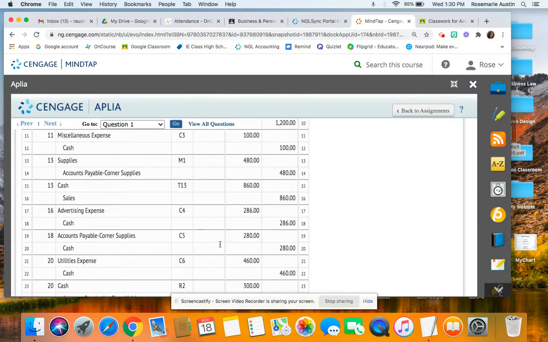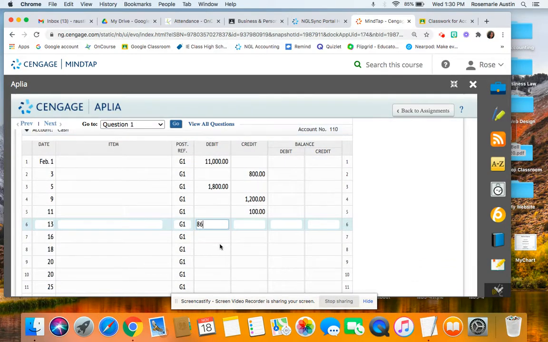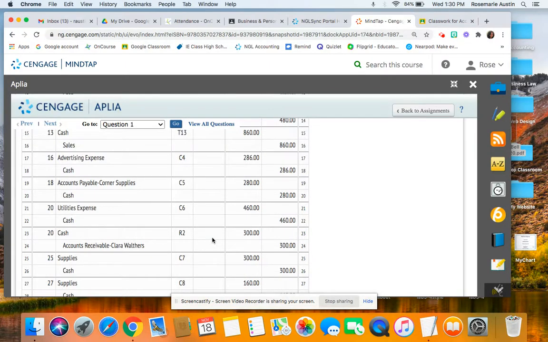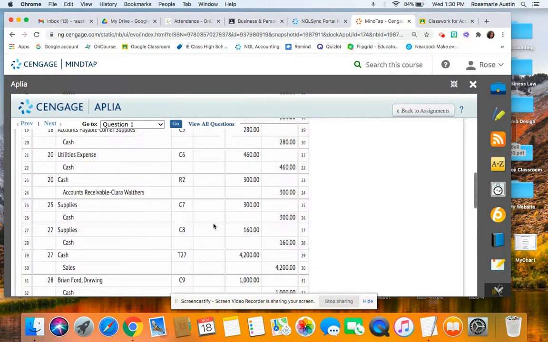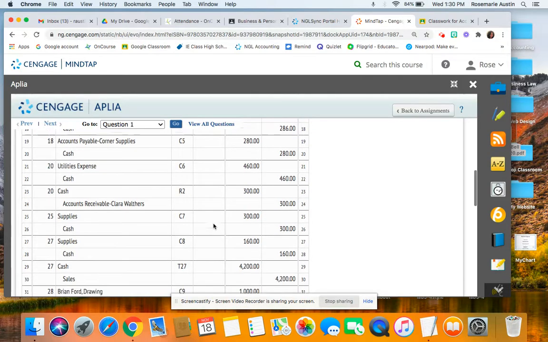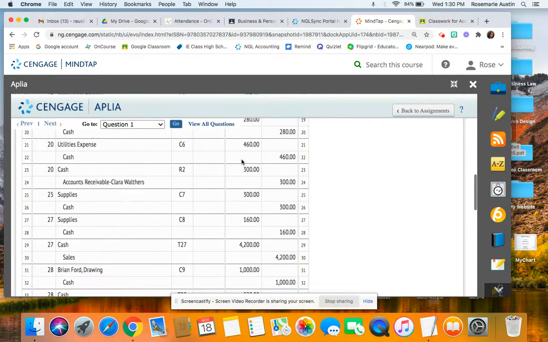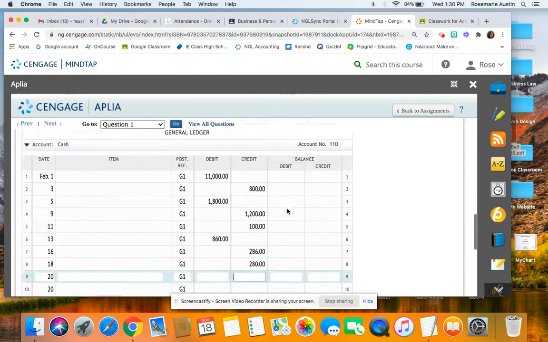On the 13th, we have an $860 debit. On the 16th, we have a 286 credit. On the 18th, we have 280 credit. On the 20th, we have a $460 credit.